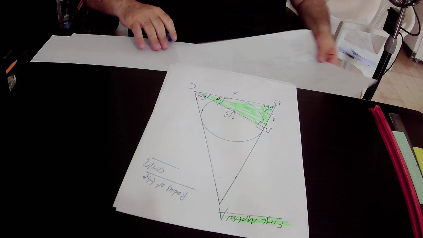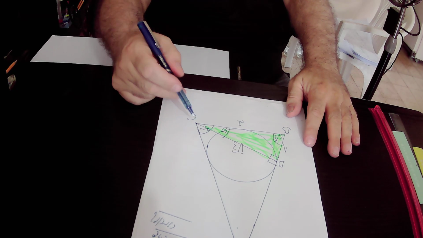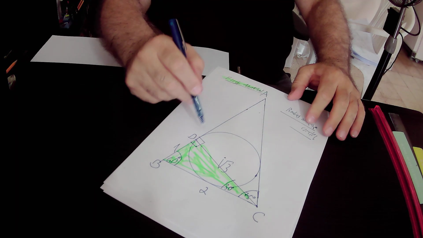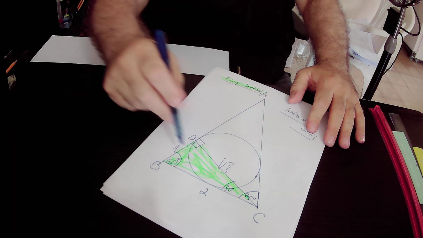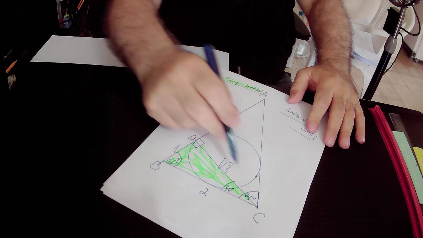So what is the size of this angle, angle ACD? Angle ACD equals the big angle ACB minus angle DCB.